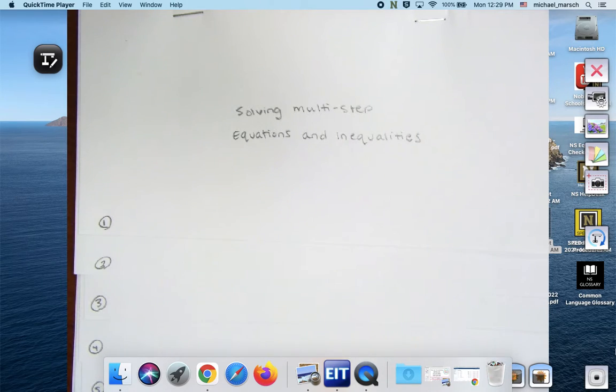So each of these is going to be a potential step that you would need to solve an equation. Like I said before, some of these you won't need, some of them you will. Depends on the type of equation you're given to solve.